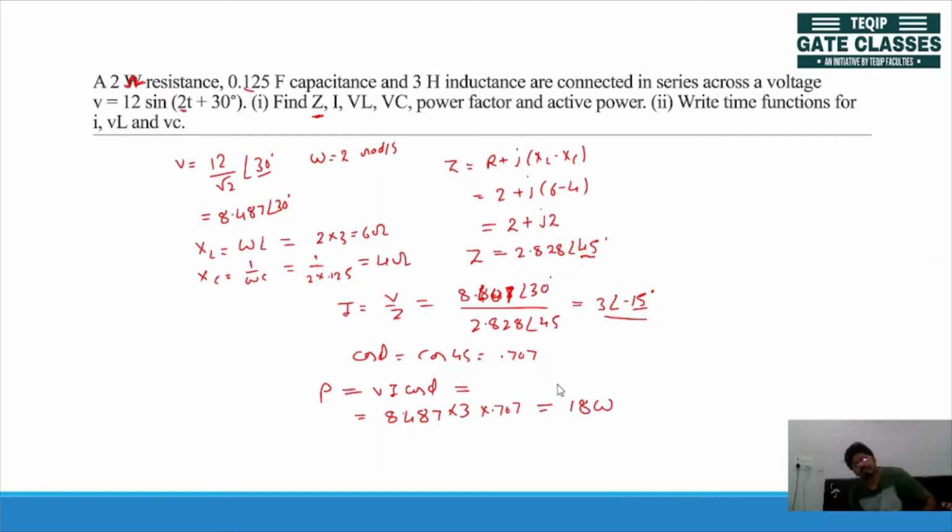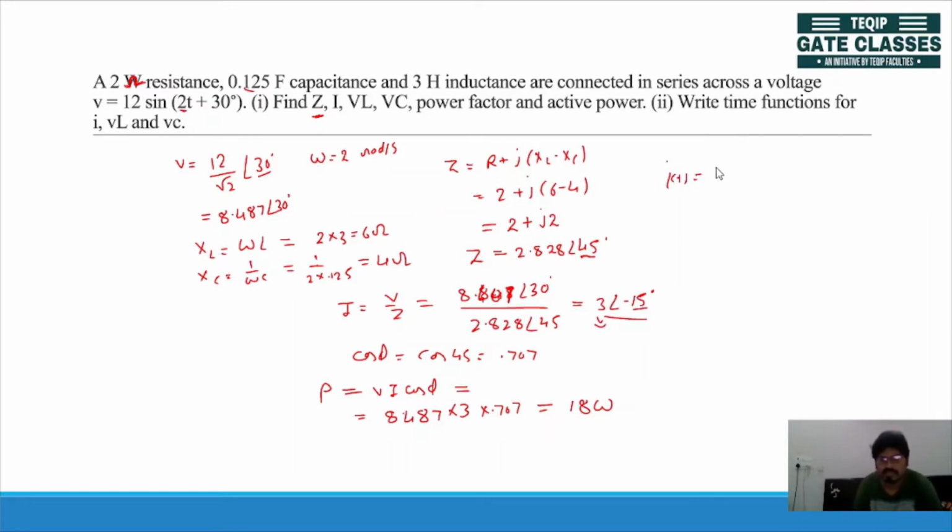Okay. Now if you have to write the time function of I, so if you have to write it in trigonometric form, what will you write? 3, this is your RMS value.